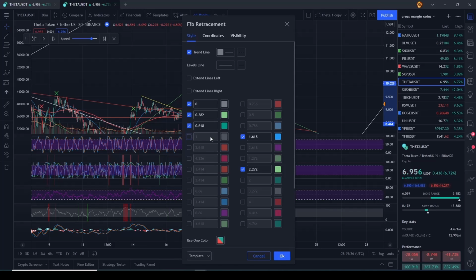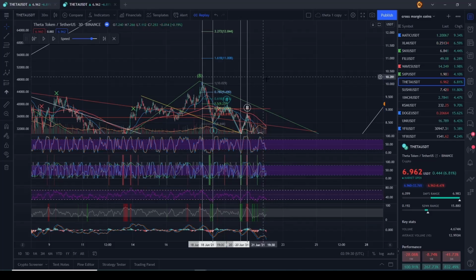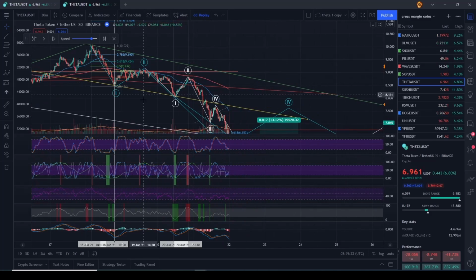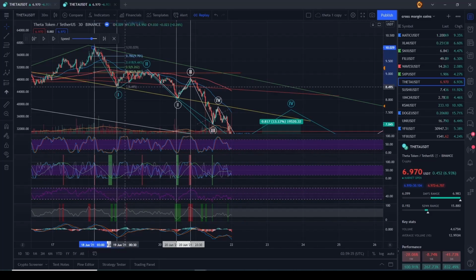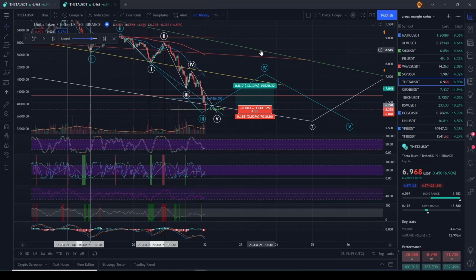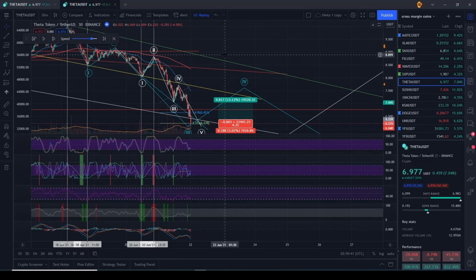Let's open all these up back. This was roughly the 0.382, so I expected this to go back to the 0.618.